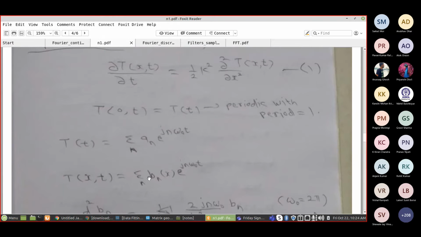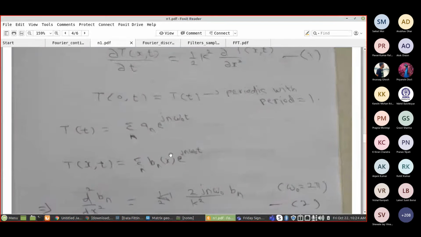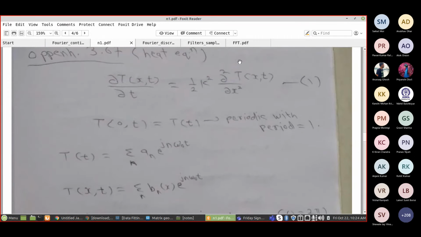All right, so let us start. The first step is just to plug this guess into this equation and see what constraints we get. This Pn of x is our unknown. On the right hand side, when we differentiate with respect to x twice, we are going to get the second derivative of Pn. The exponential is independent of x.